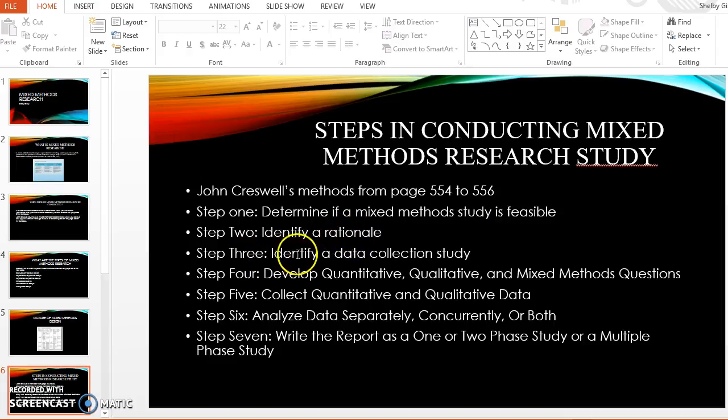Step 3, you identify a data collection strategy. Step 4 is to develop quantitative, qualitative, and mixed methods questions. Step 5 is to collect quantitative and qualitative data. Step 6 is to analyze data separately, concurrently, or both. Step 7 is to write the report as a 1 or 2 phase study or a multiple phase study.